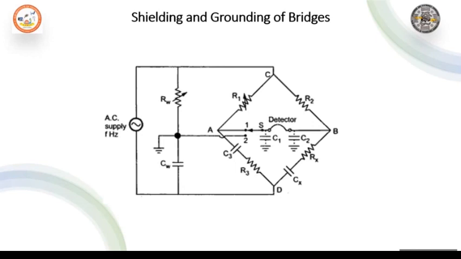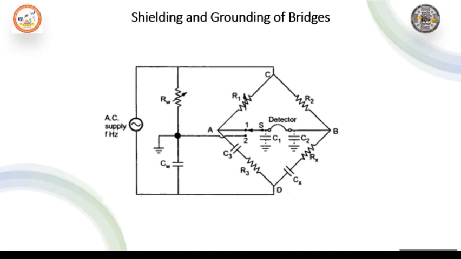A null at both positions indicates that points 1 and 2 are at the same potential, but point 2 is at ground potential due to the Wagner ground connection. Hence, points 1 and 2 are at ground potential. Thus, the stray capacitances C1 and C2 are effectively short-circuited, and they have no effect on the normal bridge balancing.